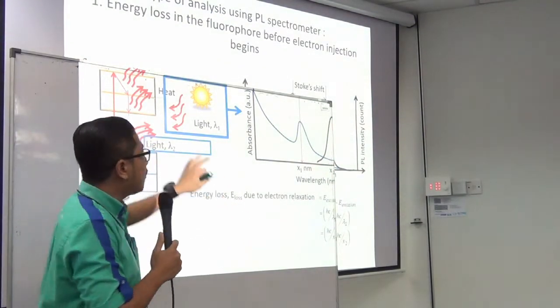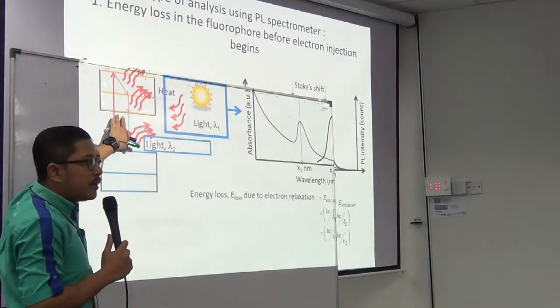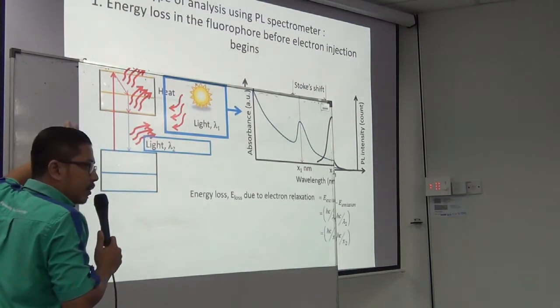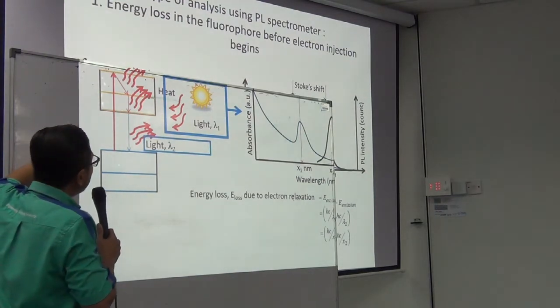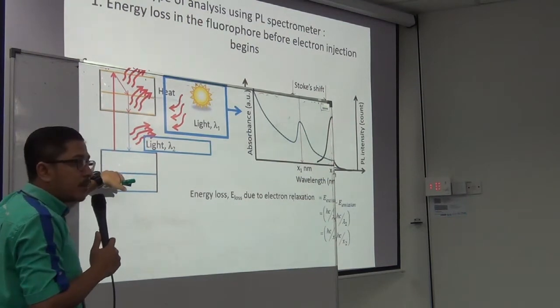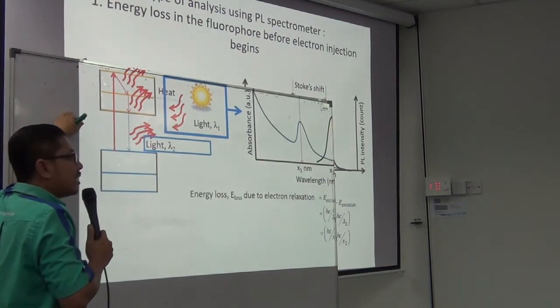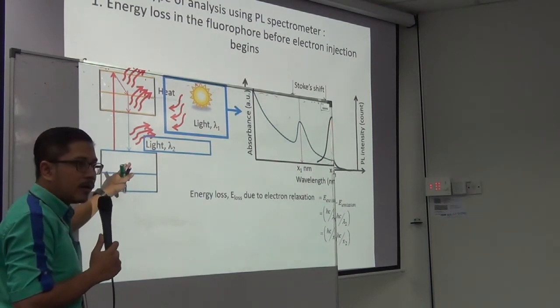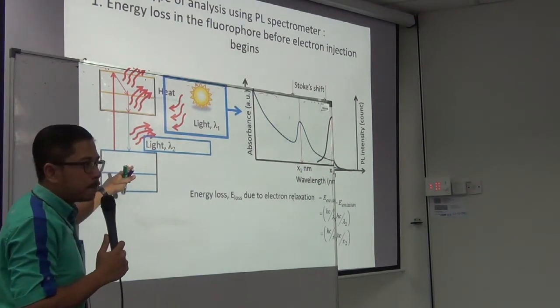How to mobilize them? By pairing our first dye, let's say this dye or quantum dot, with the second semiconductor, which also has a conduction band and valence band. The conduction band of the second semiconductor must be lower than the conduction band of the first component. Still remember that?